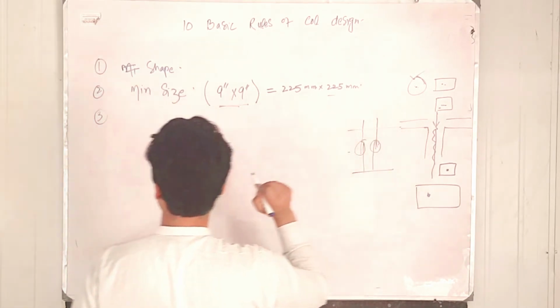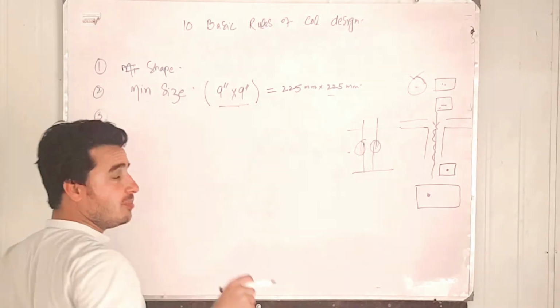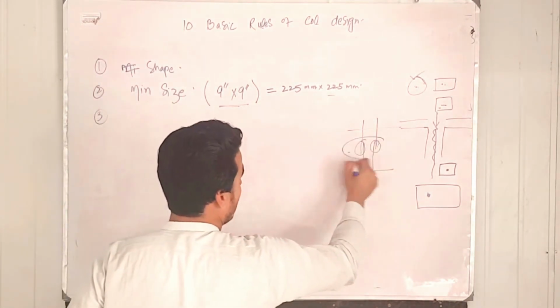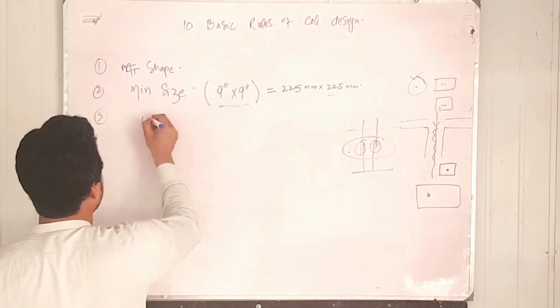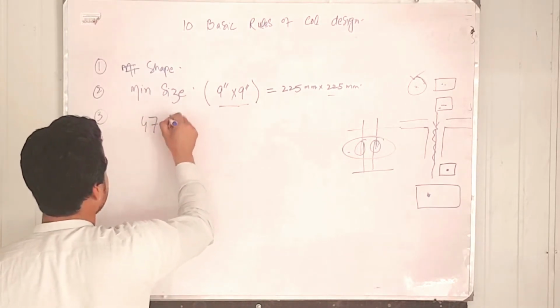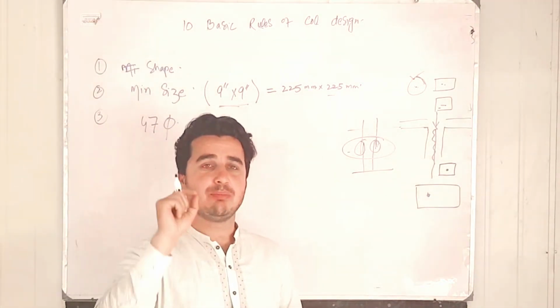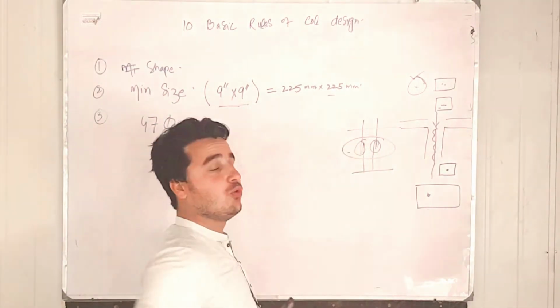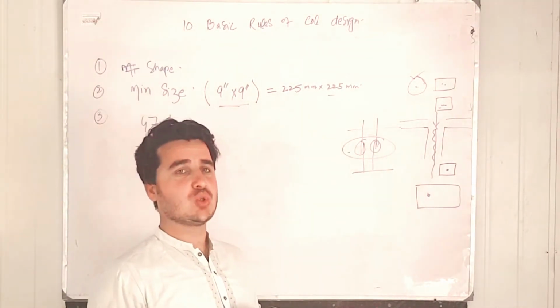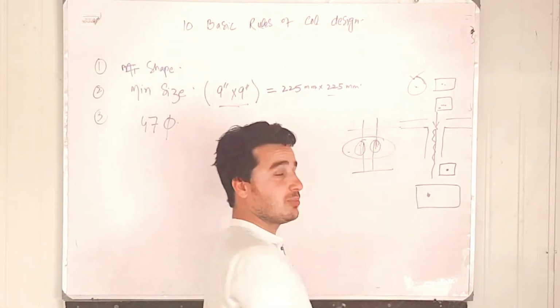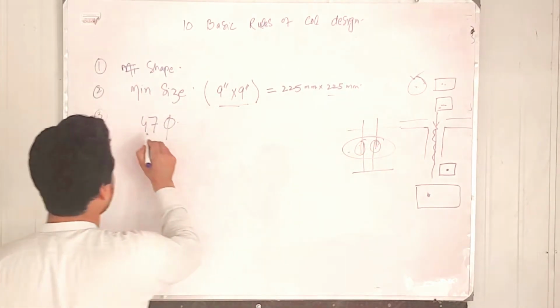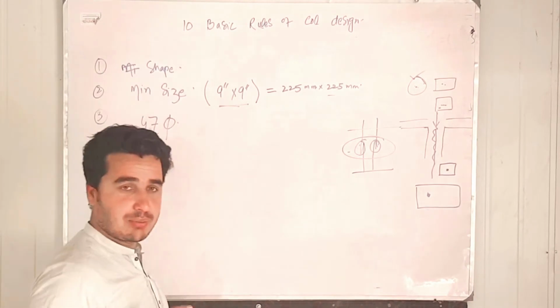So rule number third is about lapping. The minimum value of lapping in a column is 47D, which means 47 times the diameter of the main bar will be the minimum lapping zone in any column. This can be increased, but this is the minimum value.